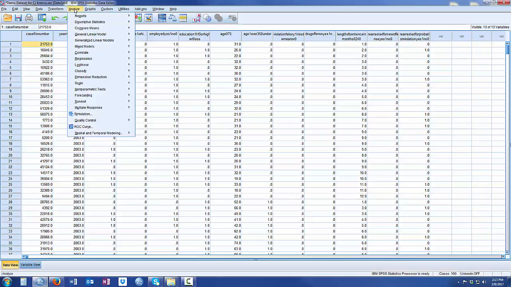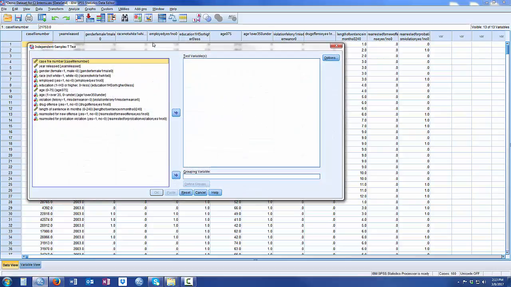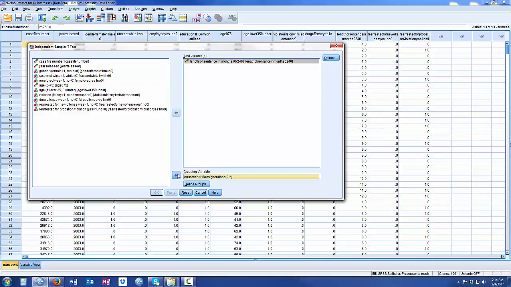Now, going back to my data view, it's time to run my t-test and my means comparison. To do this, I'll go to Analyze, Compare Means, Independent Samples t-test. I'm going to put my dependent variable, which is length of sentence in months, into the test variable box. And I'm going to put my grouping variable, education, into the grouping variable box.